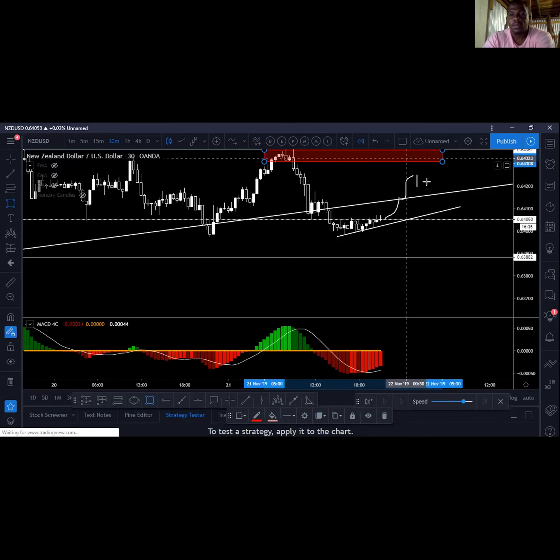That's how you would use the engulfing candle, the MACD, and even the flag as confirmation, and the zone especially as confirmation to get in for a trade. One of the main things is the engulfing candles. Engulfing candles are very powerful confirmations.